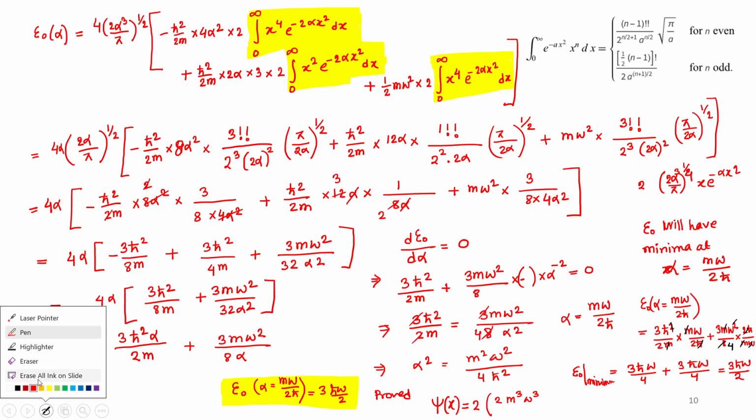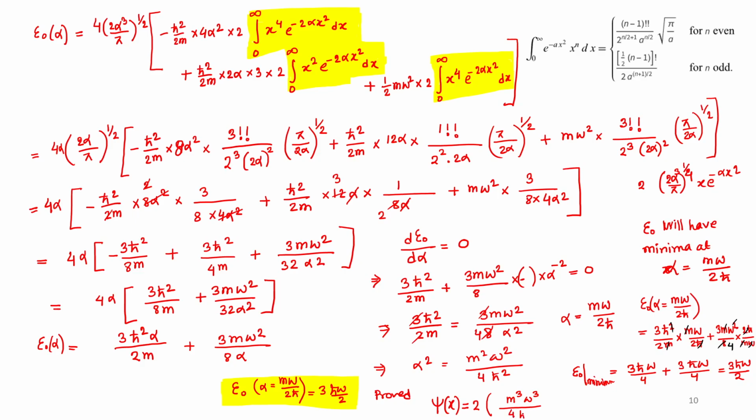So this 2 into 2, 4 cube, fourth, okay, and we are going to have e to the power minus m omega by 2 h cross x square. So this is actually the function.